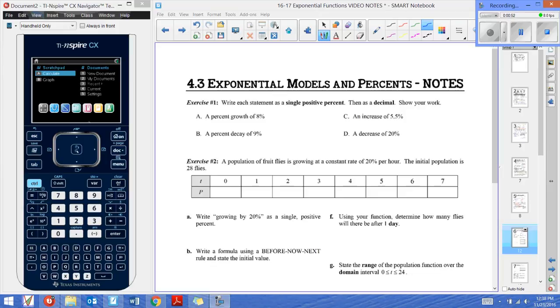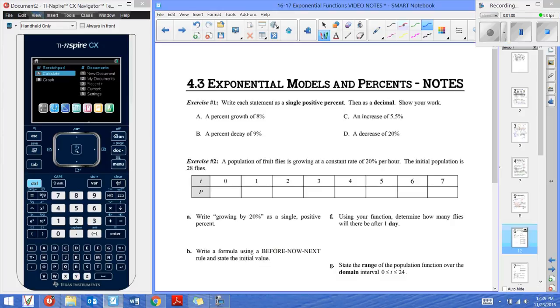So exercise number 1 tells us to write each statement as a single positive percent and then as a decimal. Well, one thing to keep in mind is that we can either have percent growth or decay, or increase or decrease.